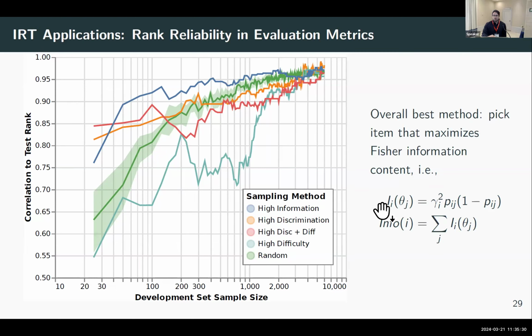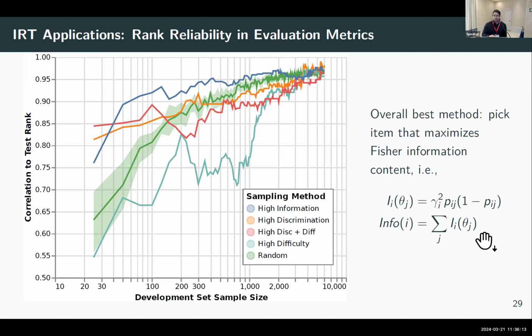And this encodes a different intuition: if we had two models and we wanted to extract the most information, what we want to do is ask a question in the discrimination area of the item characteristic curve we had earlier, where it's easy to distinguish between one model or the other.